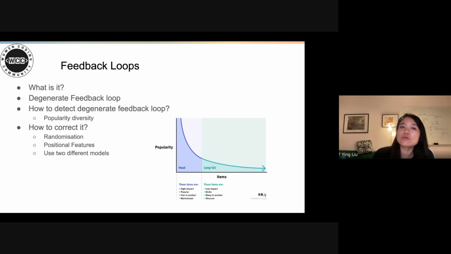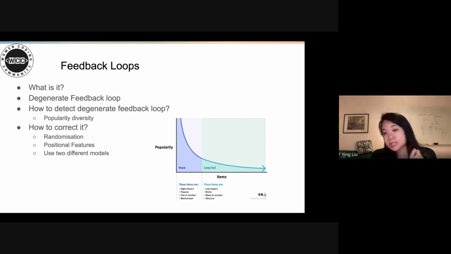How do we actually correct it? We could do randomization. Let's say we don't just recommend the items generated from the algorithm. We throw in some other items which are not really at the top of the recommendation list. In this way, we can start to correct our algorithm slowly.